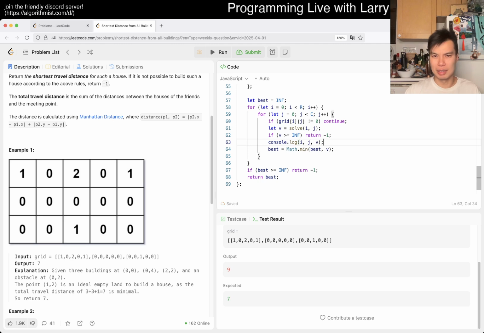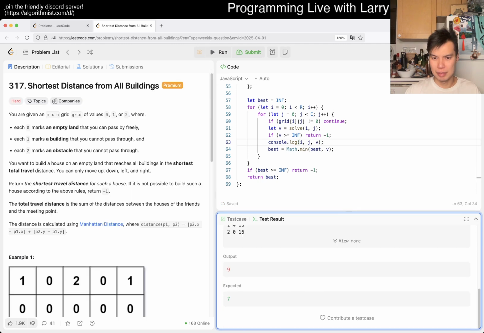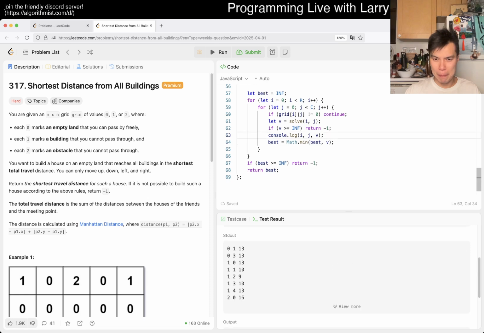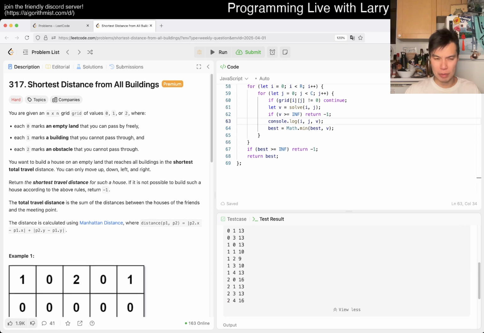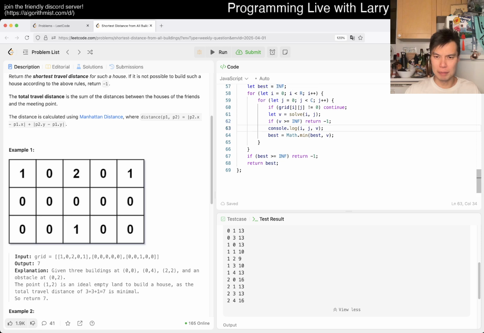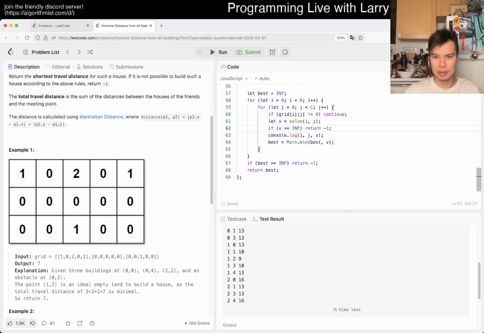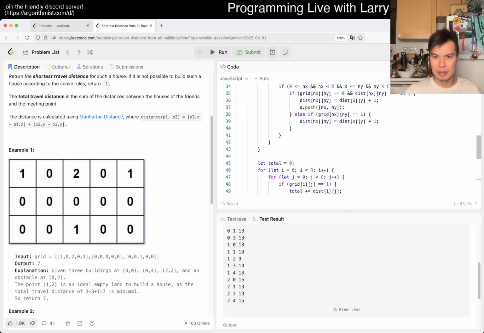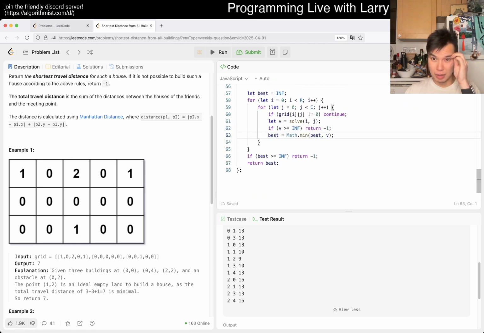I don't remember the syntax. This right, so 1 2 is 9. Why is 1 2 9? 1 1 2 3, 1 2 3 is 7, right? That's weird. It has to be 0.